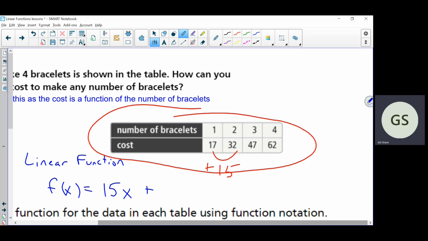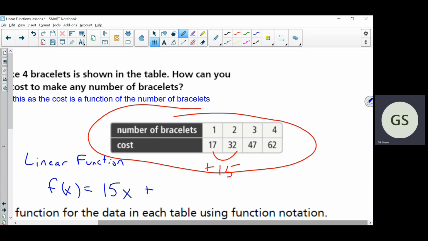You really have written this before, but just make sure you can find it. The y-intercept is the y value when x equals 0.